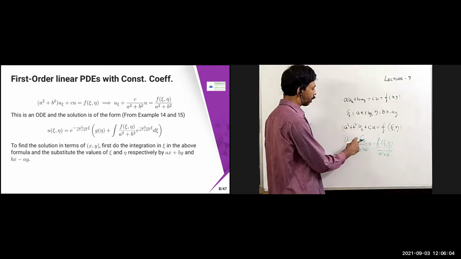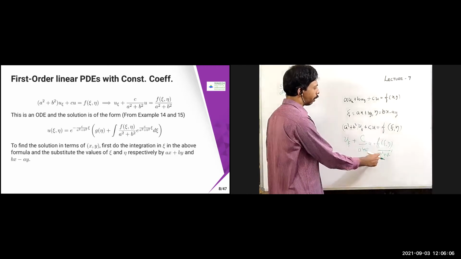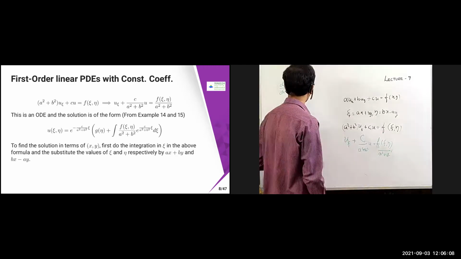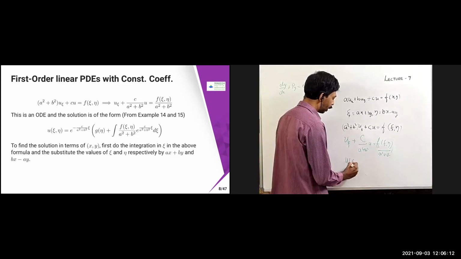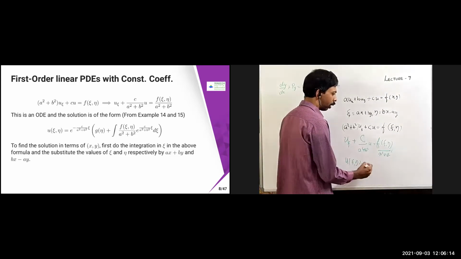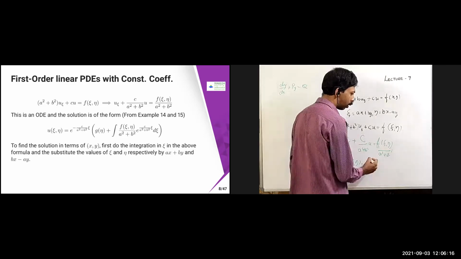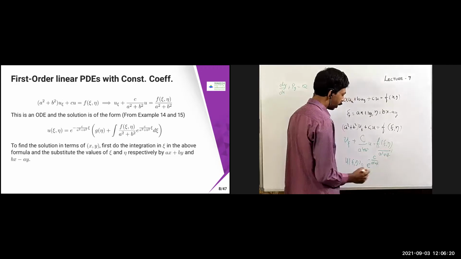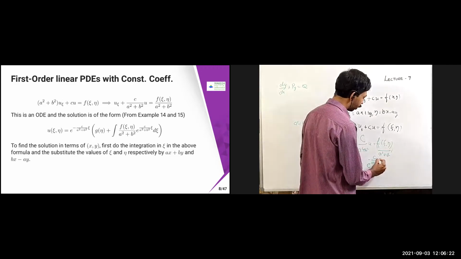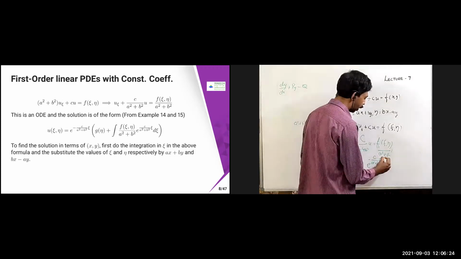So u chi plus c by a square plus b square u equals f of chi comma eta by a square plus b square. So it is of this form. Therefore, the answer is going to become u of chi comma eta equal to e power minus c by a square plus b square into chi, because chi is the variable here, into the integral of q.